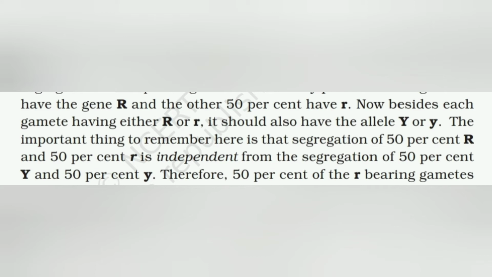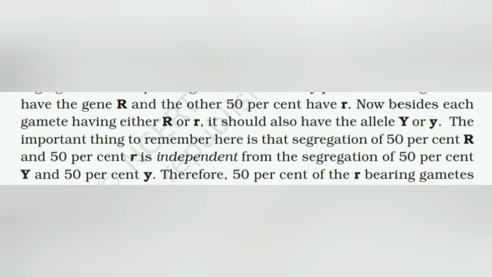Now, besides each gamete having either capital R or small r, it should also have the allele capital Y or small y. The important thing to remember here is that segregation of 50% capital R and 50% small r is independent from the segregation of 50% capital Y and 50% small y.